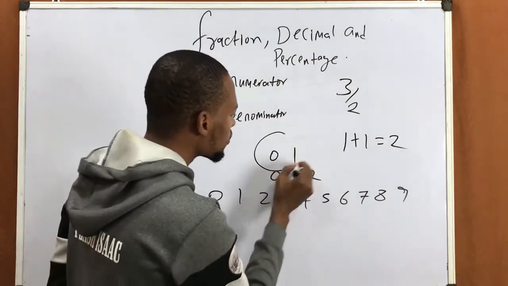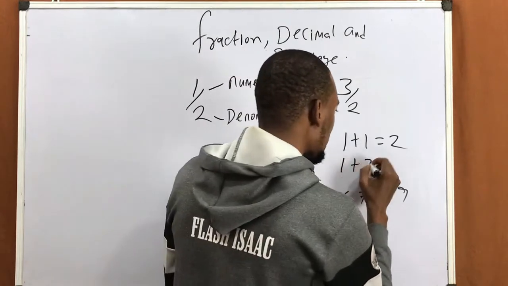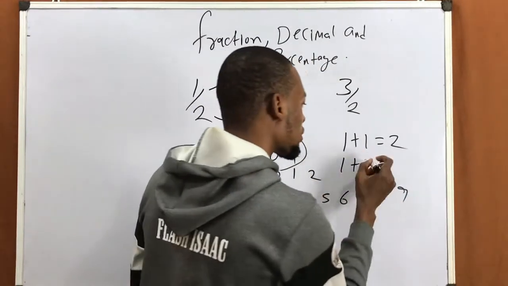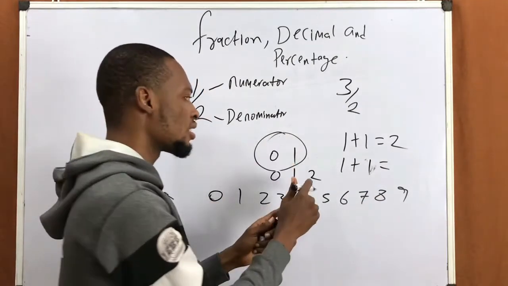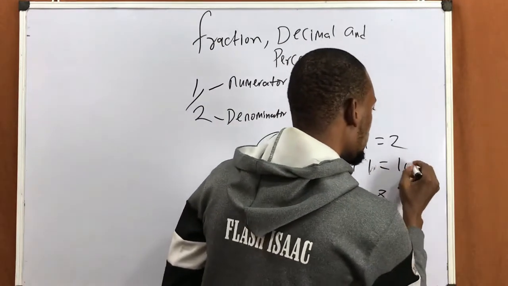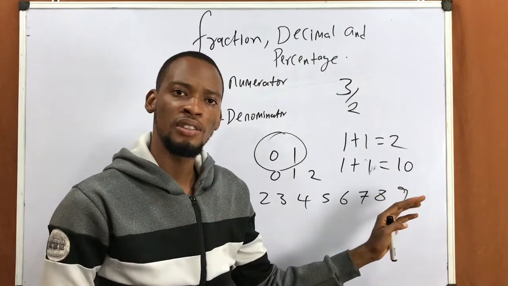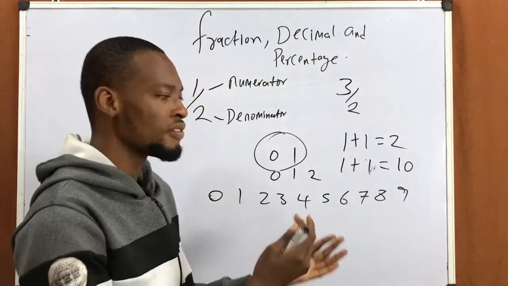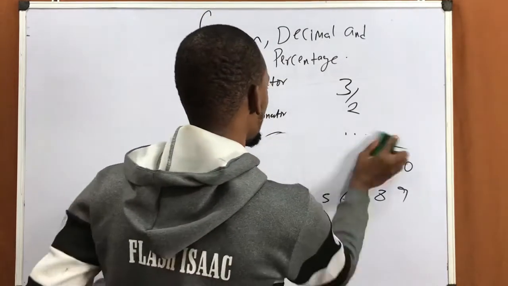But in base 2, since we have just 0 and 1, and I ask you 1 plus 1, you can't have 2, because the maximum you can get is 1, meaning 1 plus 1 is 1, 0. So to know how this comes about, you can check my video on number systems. I explained all these things.